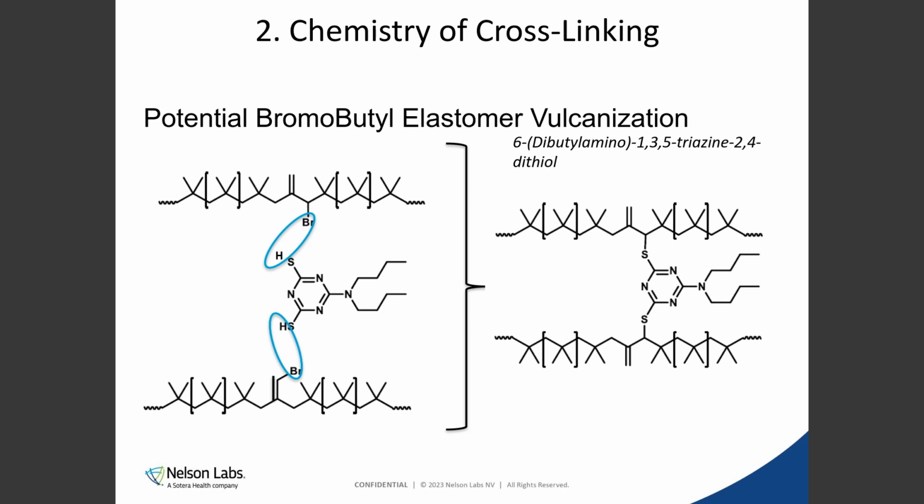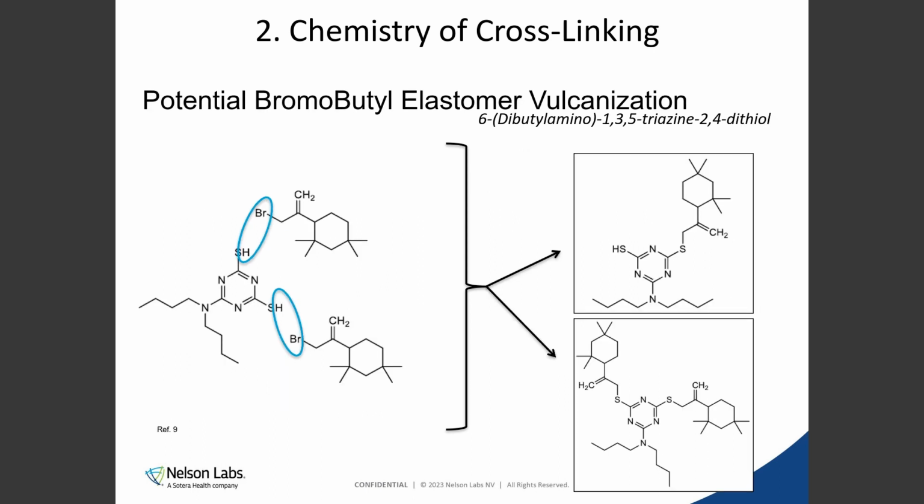Here it is some kind of allylic or vinylic bromide that is supposed to be reactive for the cross-linking reaction, and then you have a certain cross-linking compound that will be used to make the link between the two linear polymers.